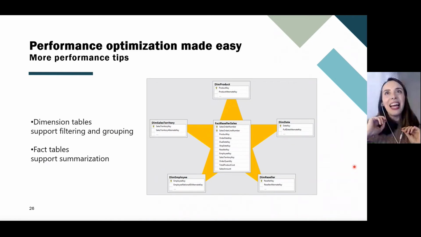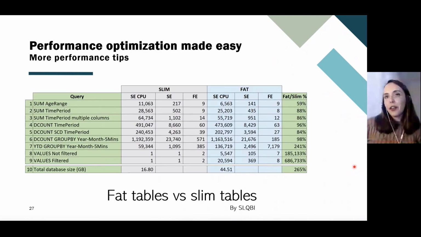I copied this from SQLBI. This was in one of their blog posts. They call this the slim data model, which I love as a concept, or slim tables versus flat tables, or slim data models versus fat data models.